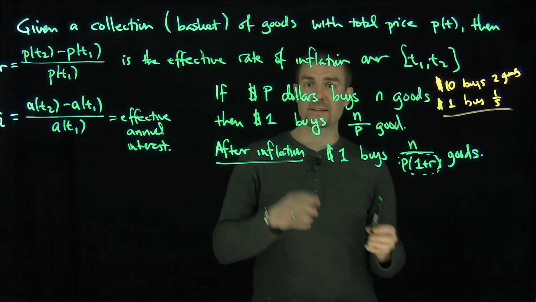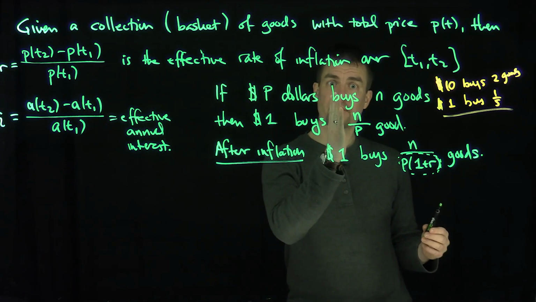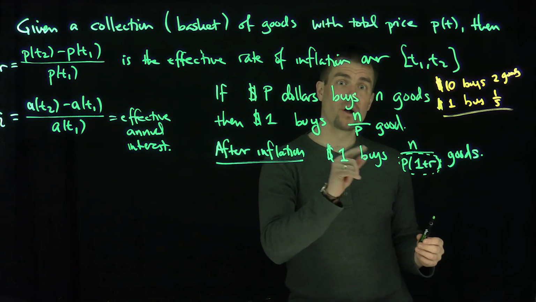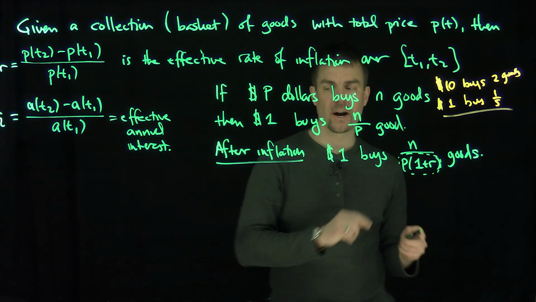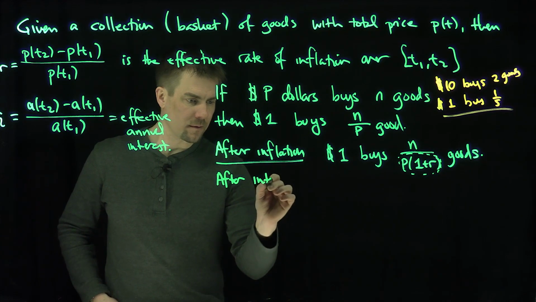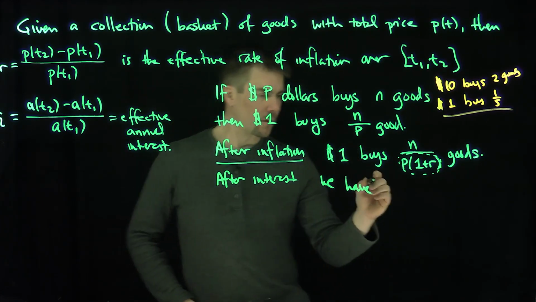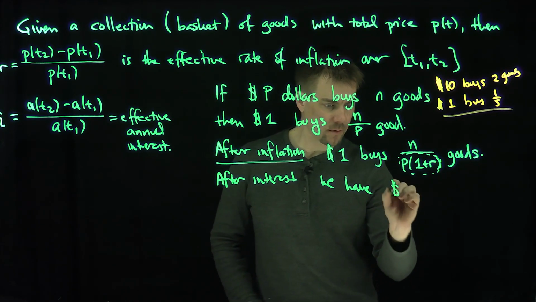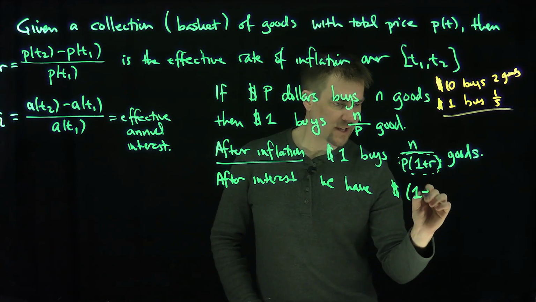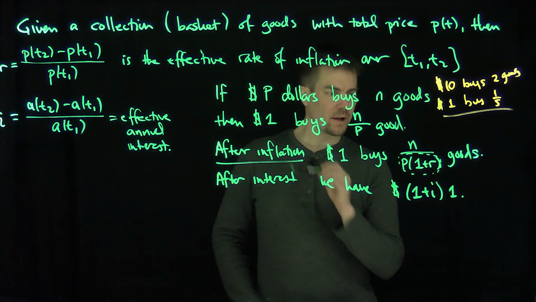But the good news is that after a period of inflation, with the effective annual rate of interest, this $1 is no longer a dollar. It's 1 plus I, right? So after interest, we have not just $1, we have 1 plus I times $1, right? So I'm able to get a 1 plus I on the top.